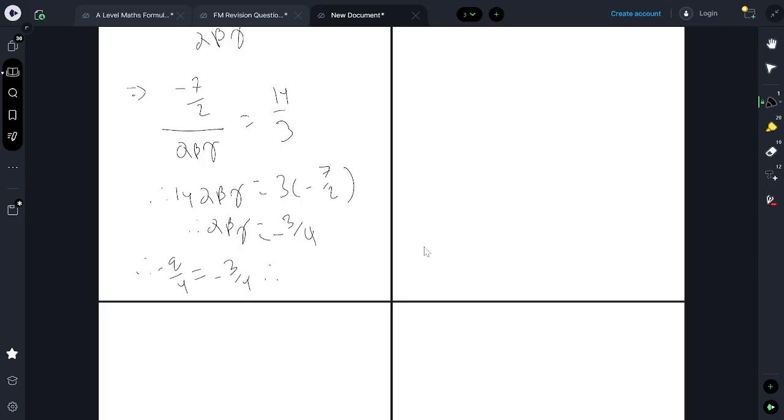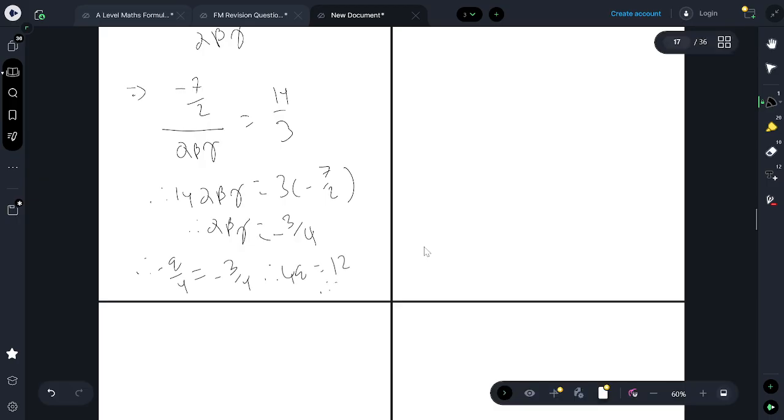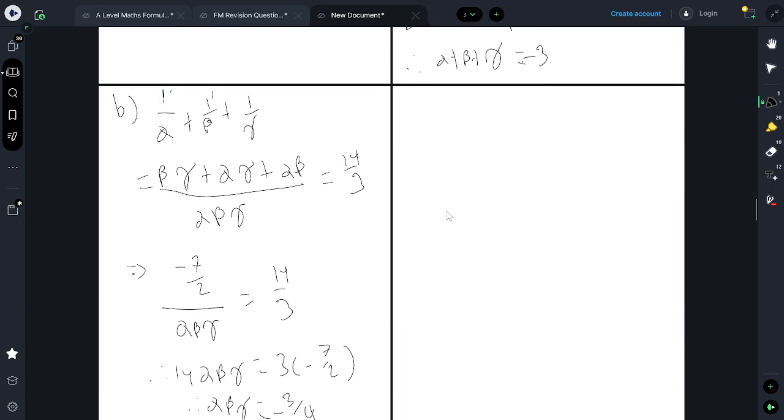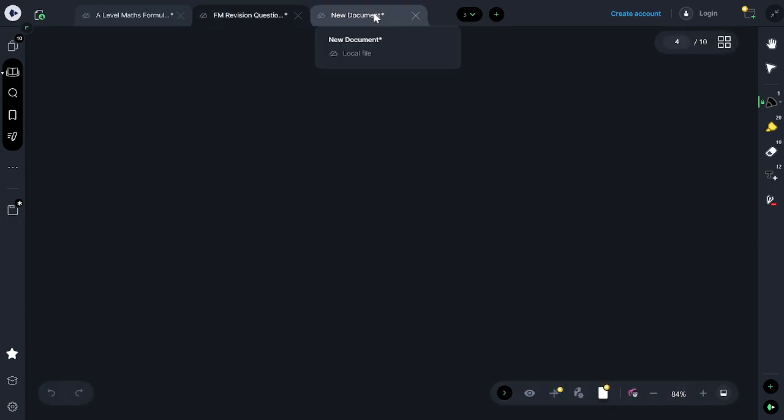So then if we solve across, we can get rid of the minus. So 4q has to be 12, right? 3 times 4. Therefore, q is 3.